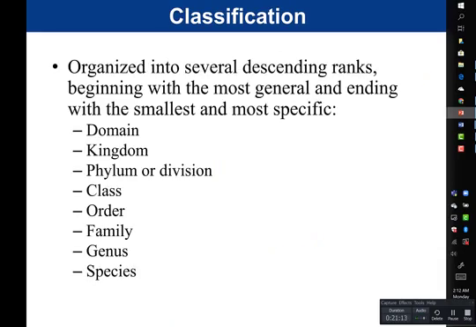So when we talk about our classification, these can be arranged into several descending ranks, beginning with the most general, meaning the most diversity within this category, and ending with the smallest or the most specific. So our classification in order is domain, kingdom, phylum, class, order, family, genus, species.